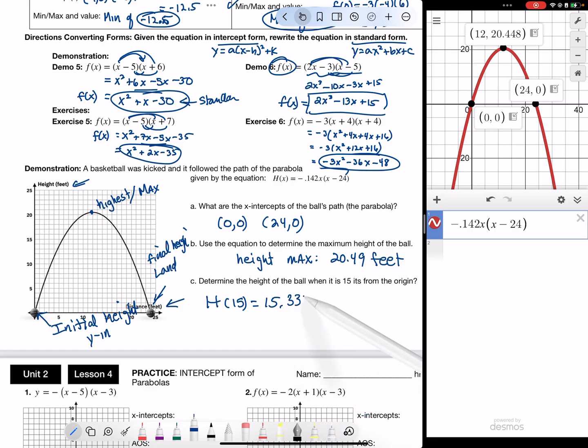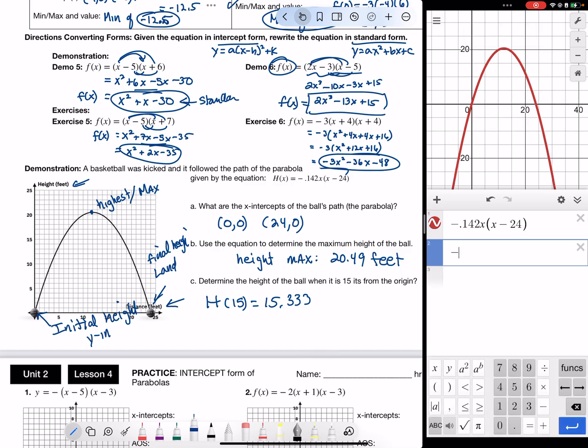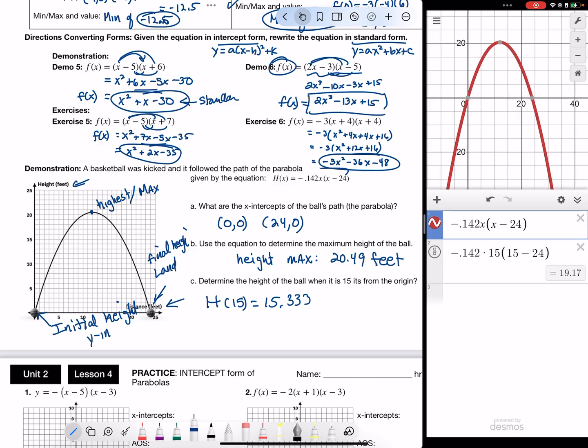But I'm going to find that out a different way. I'm going to just type this in here, negative 0.142. I'm replacing the x. I'll go times the x value, which I know is 15. Parentheses, 15 minus 24. 19.17. So what's going on there? Oh, I was looking at 18.